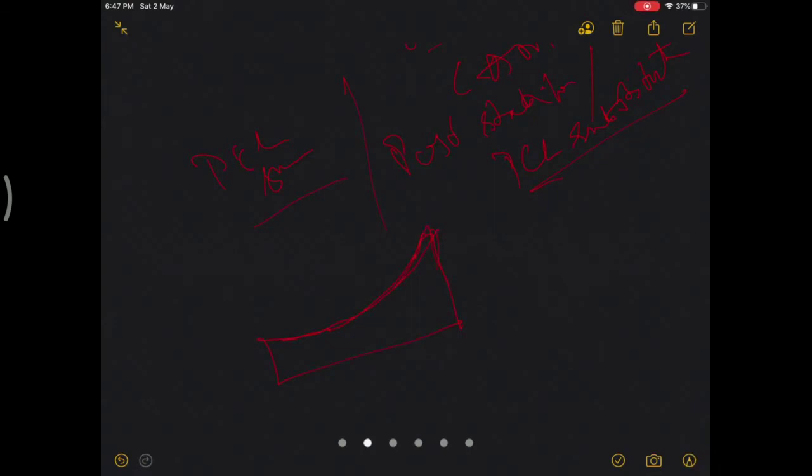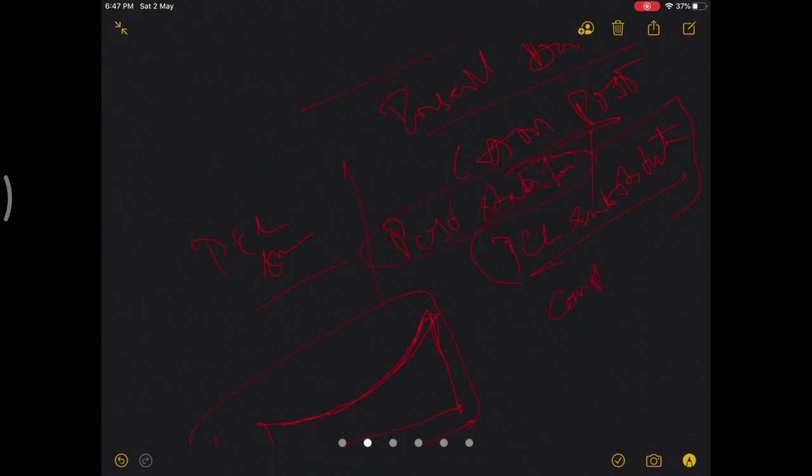That is the PCL sacrificing type. But the one which has a cam post mechanism is called PCL substituting or posterior stabilized implants, which is a constrained type of prosthesis.